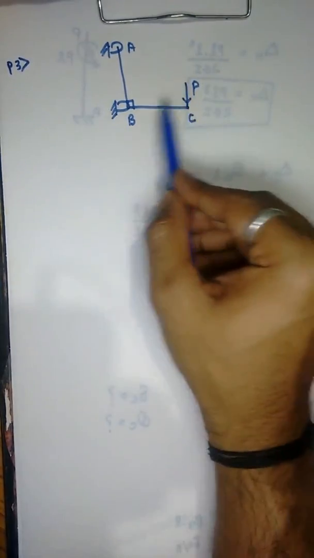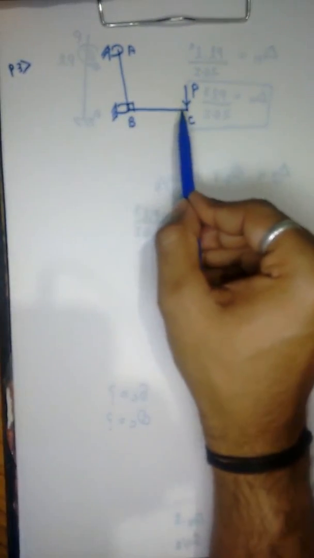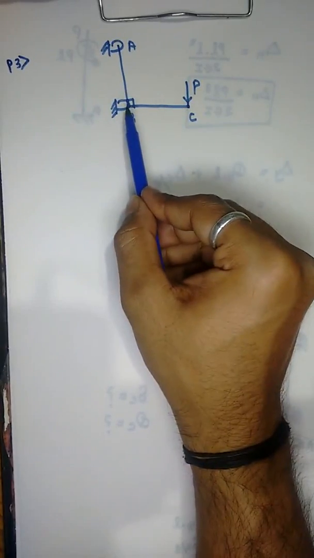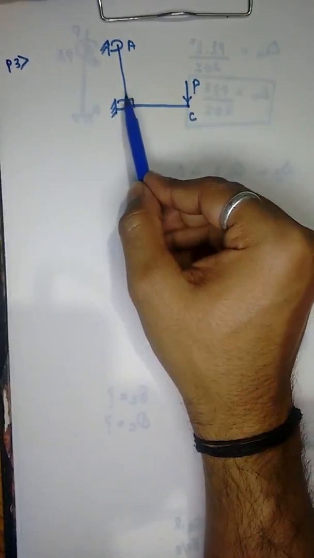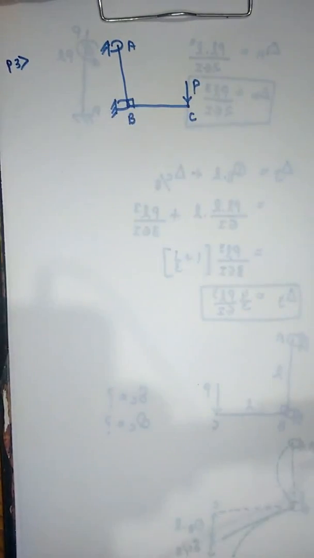First we will shift the point load P from point C to point B to find the deflection in AB, and then we will draw the deflection curve.